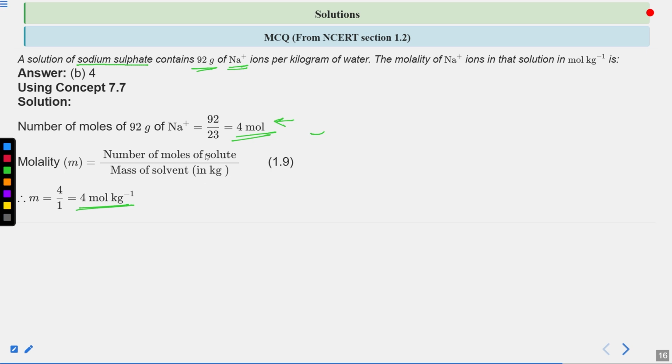So the mass of solvent will be 1 kilogram, the molality will be 4 by 1, which equals 4 mole per kg. Hence, our correct answer is option B, that is 4. Okay, let's move on to the next question.